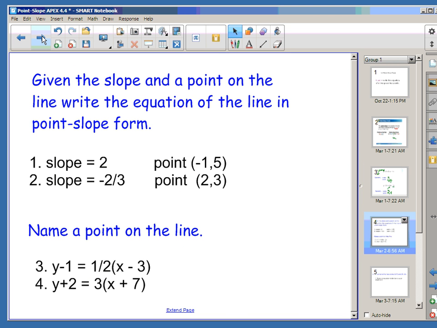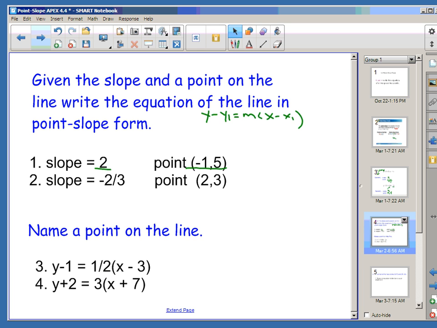All right, so let's look at this a little differently. Now, given the slope and a point on the line, write the equation of the line in point slope form. So if you have the slope and you have a point, you can write your own equation. Again, maybe look to your notes, or I'll rewrite it down. Y minus y sub 1 equals m times x minus x sub 1.